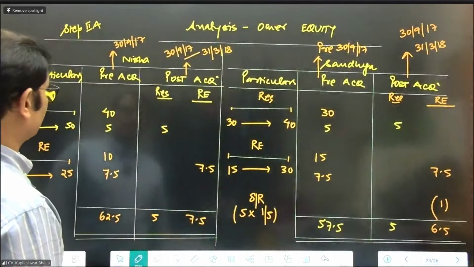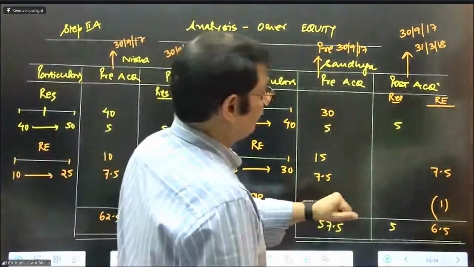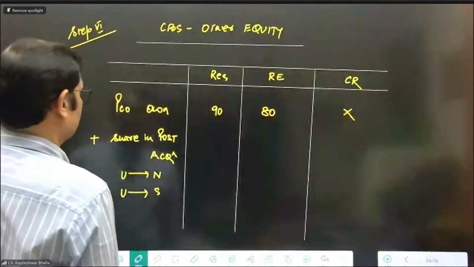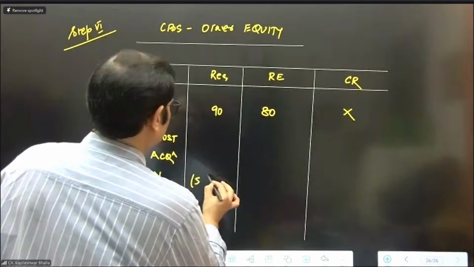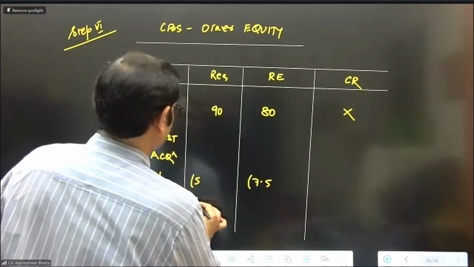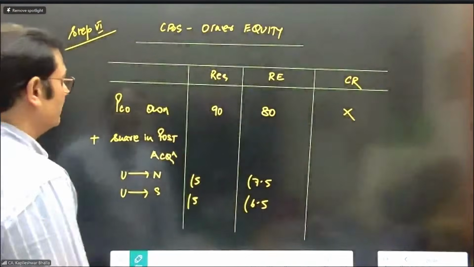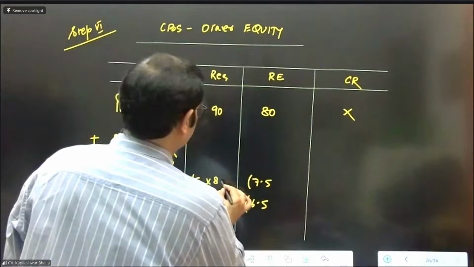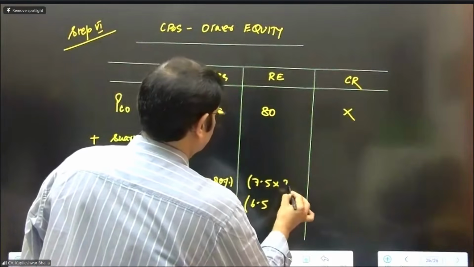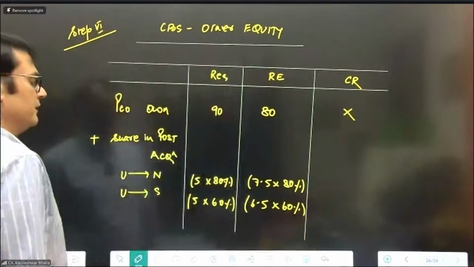So first of all, for Nisha, 5 and 7.5 and 5 and 6.5. This is 5, this is 7.5, this is 5, this is 6.5. We need the share. So this is 80%, and this is 60%, this is 80%, and this is 60%.